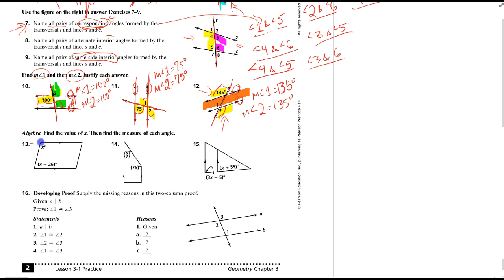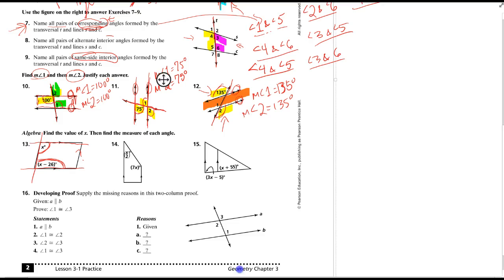Find the value of x. Well, we can do that. We have two parallel lines cut by a transversal. Who cares about this side? We only care about the x. I've got x and this angle, x minus 26.